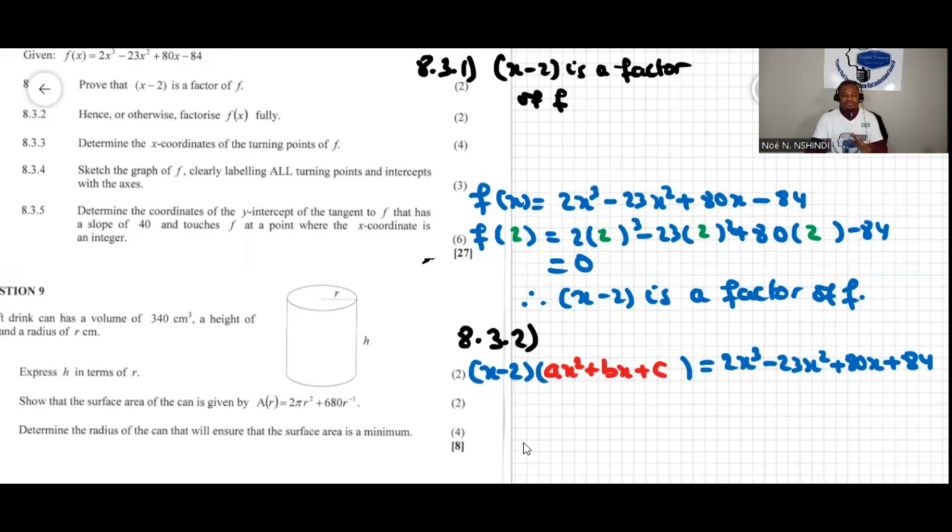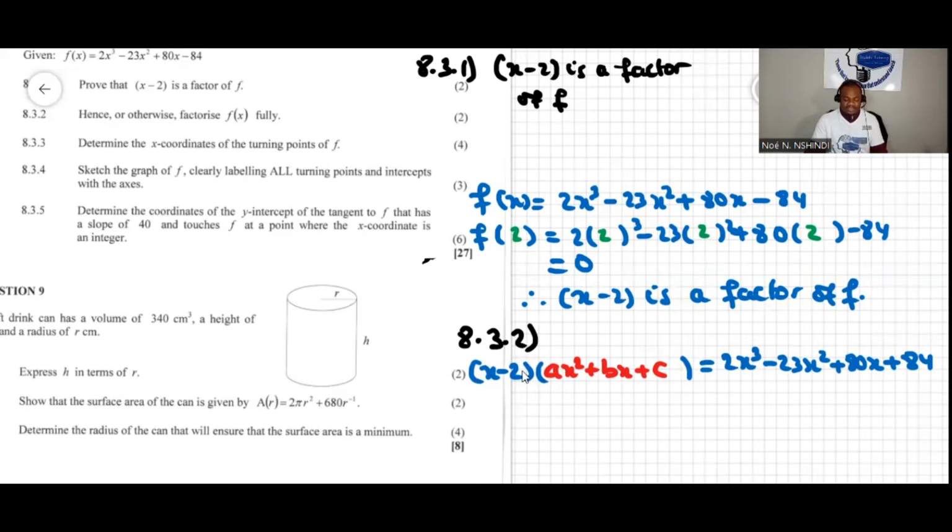Let's start with the values that are easier to solve, a and c, because a is the first product and c will be the last product. We first do x times ax squared, so we can solve this by inspection.